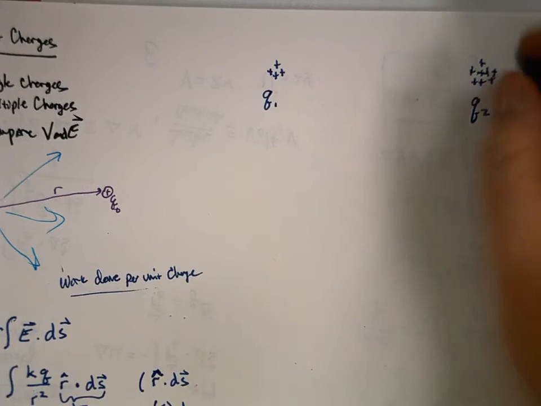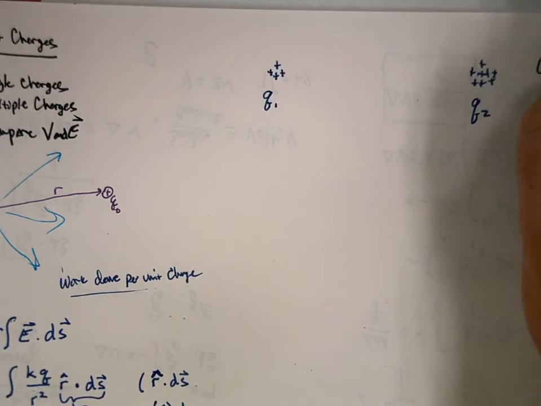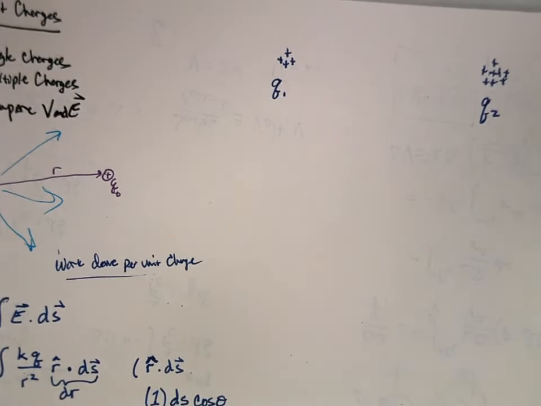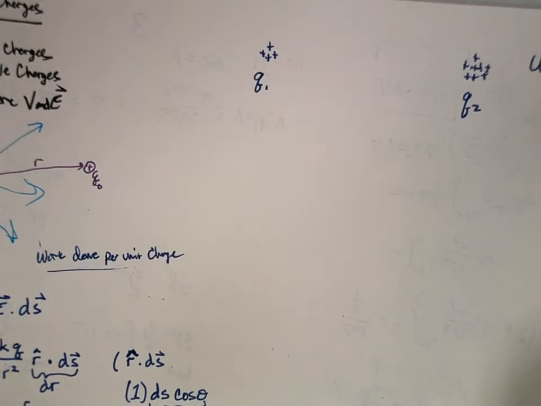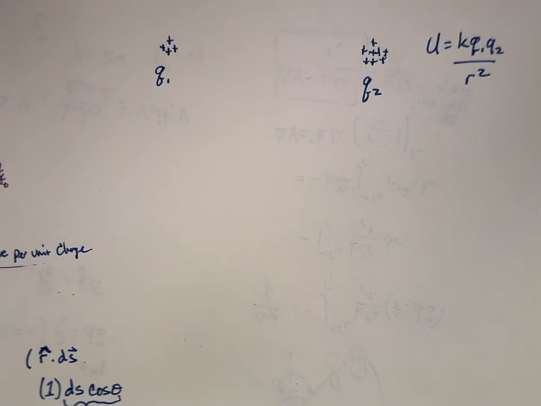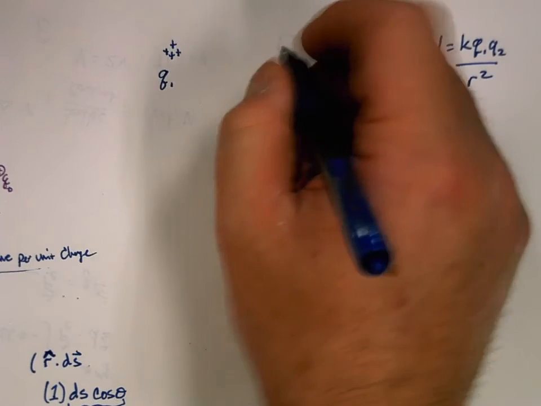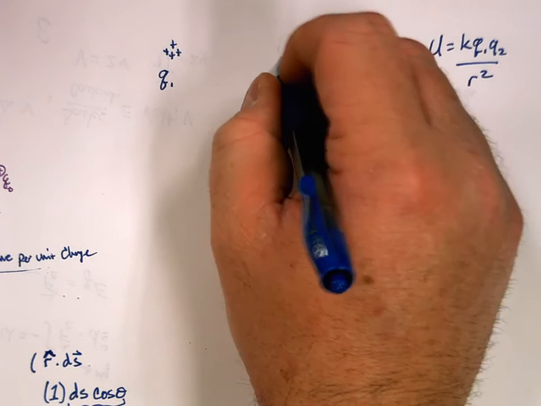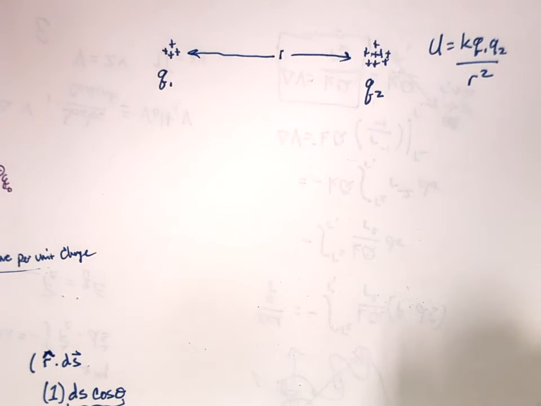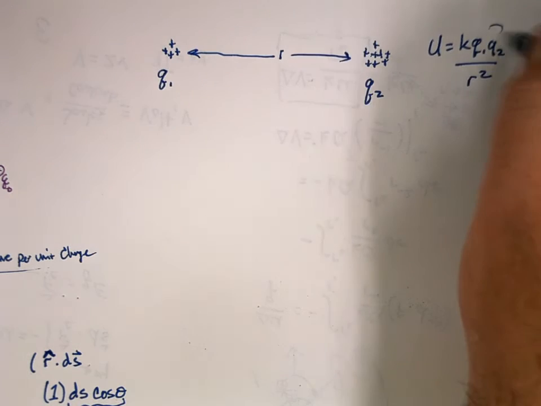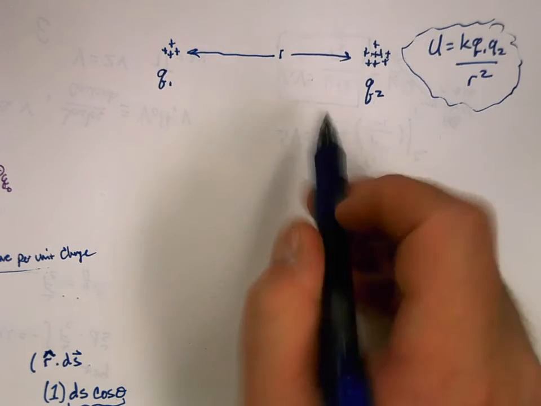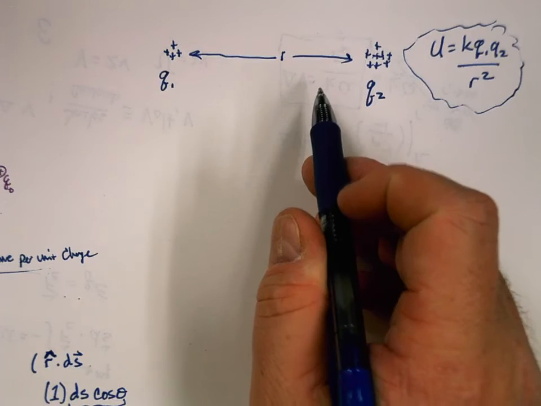From down here we have that potential energy is going to equal k, which equals what, Ashmeet? 1 over 4 pi epsilon naught. Okay. Q1 Q2 over r squared, where r is the distance between these two charges. And so this is our potential energy that the two have just for being in proximity with each other.